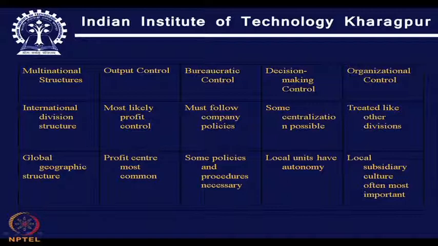So, when you are taking care of the geographic structure, you have to give importance to the local culture and try to assimilate it in the culture of the organization. These are the ways these two multinational structures take care of different issues.